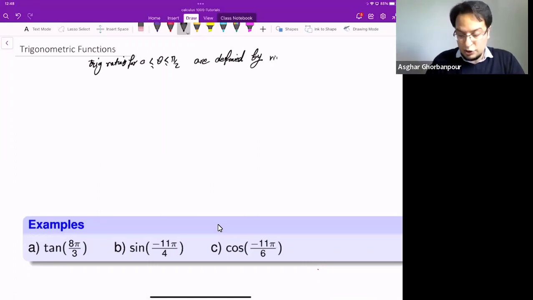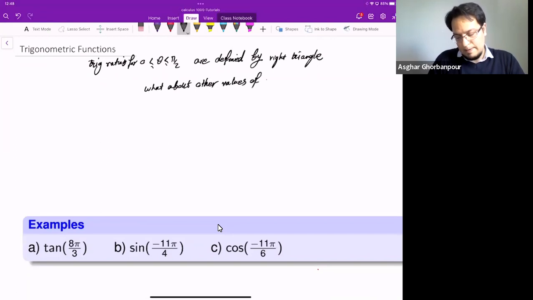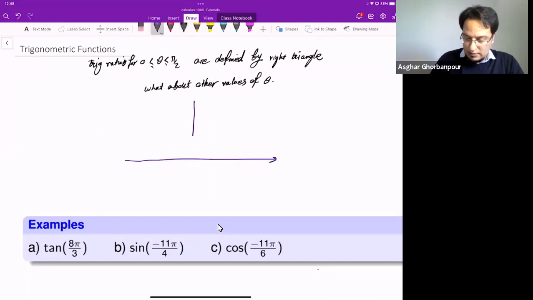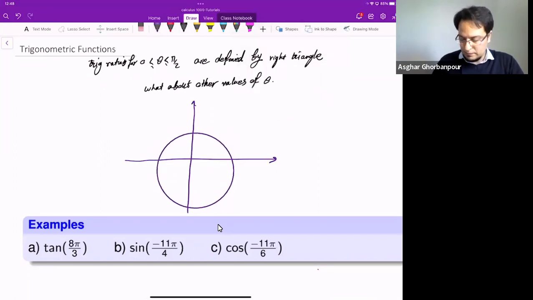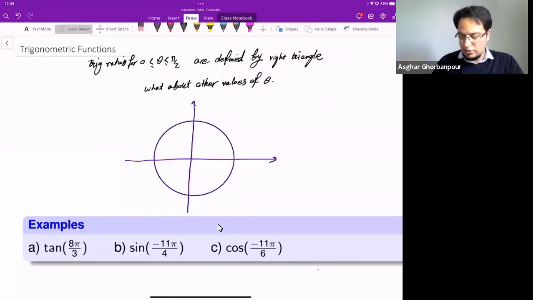Yes, this is right triangles. What happens if theta is more than these? What about other values of theta? For this, you have to generalize this idea, and what comes in is called the trig circle.